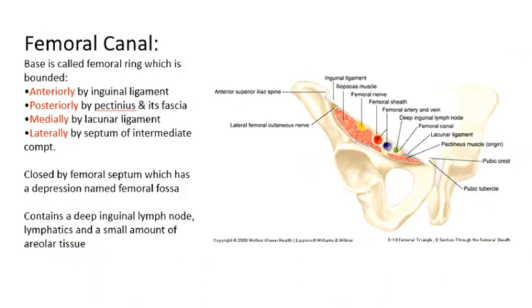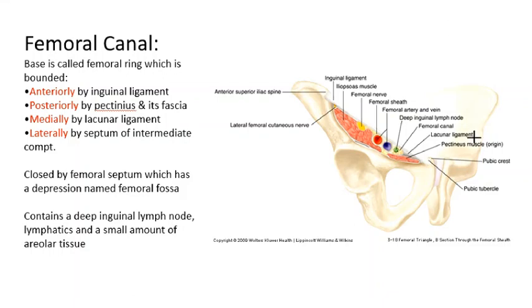Now we'll move on to the femoral canal. The femoral canal, its base is called the femoral ring, which is bounded anteriorly by the inguinal ligament, posteriorly by the pectineus and its fascia, medially by the lacunar ligament. This ligament over here is the lacunar ligament.